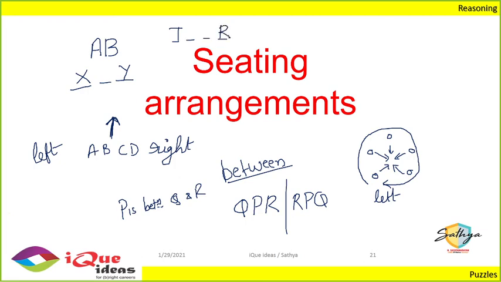R is third to the right of T. So it's very important to read these clues properly. But if it is given that A is just next to the right of B, right of B is this, but next to the right of B means this. Are we together so far?